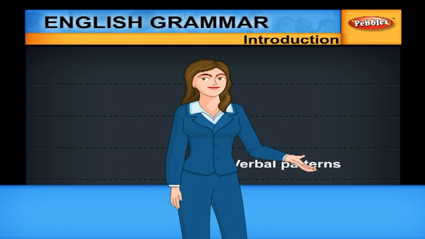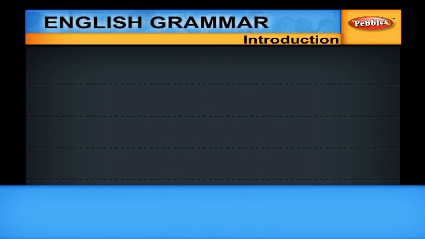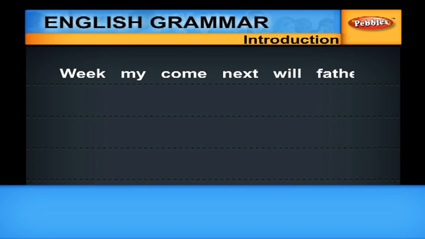Let me give you a set of jumbled words: week, my, come, next, will, father. How to form a sentence from these words? You find out that some words tend to go together with some other words.